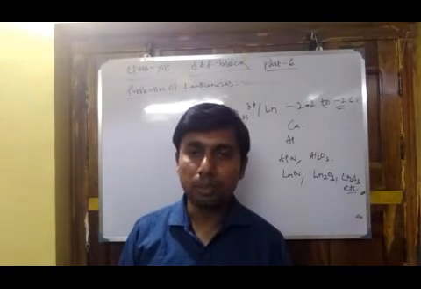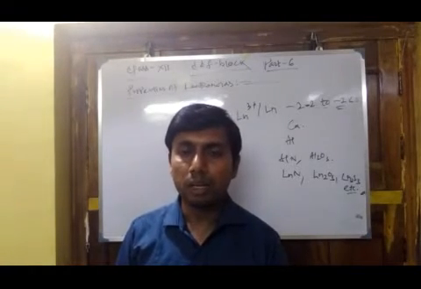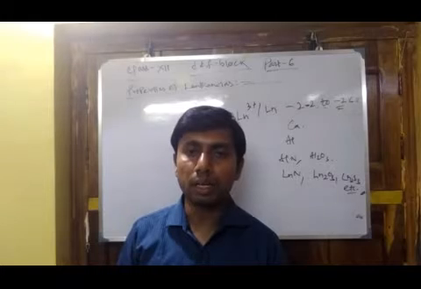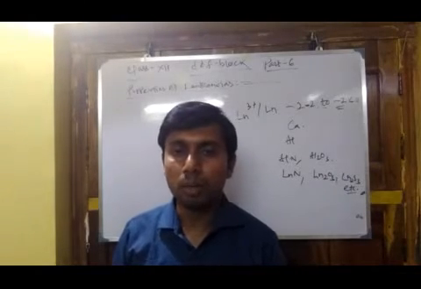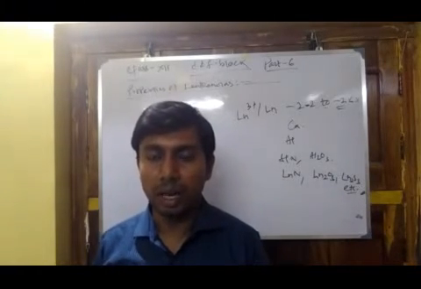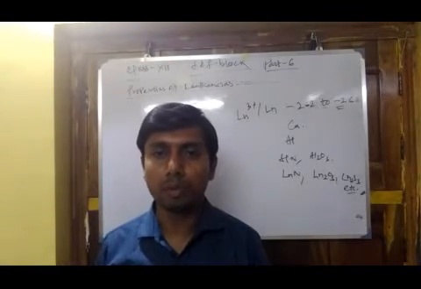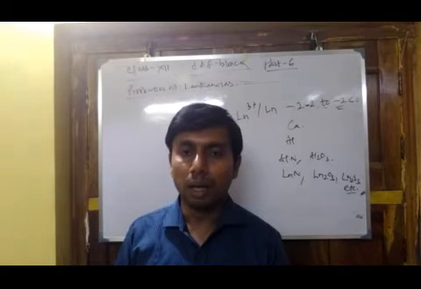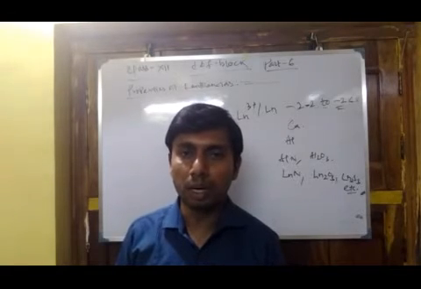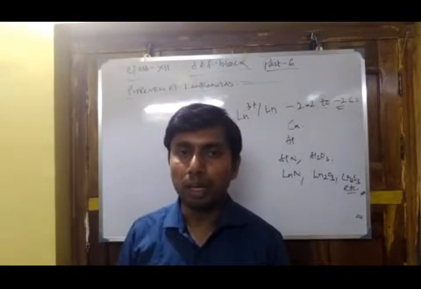Uses of lanthanoids. As it is very difficult to separate the lanthanoid elements, the use of lanthanoids is very costly, and they are used for special purposes, that means highly valuable instruments are generally made from lanthanoids.